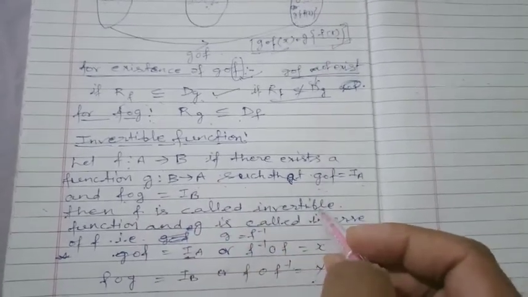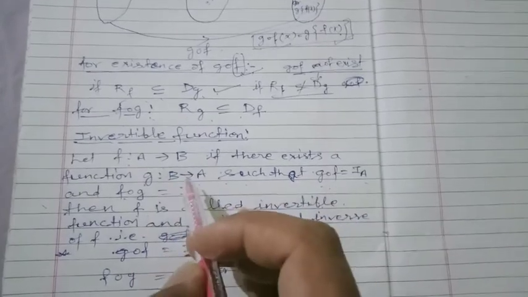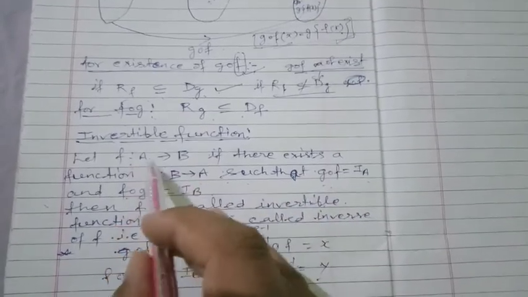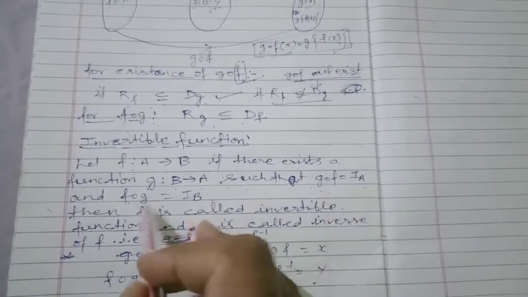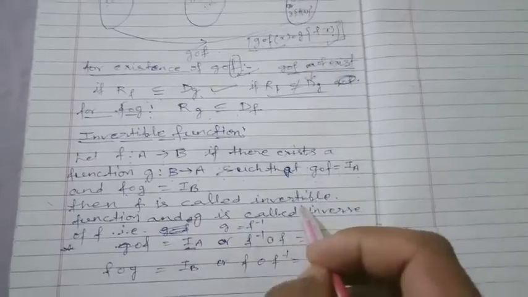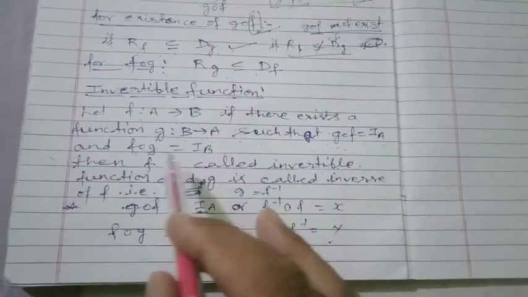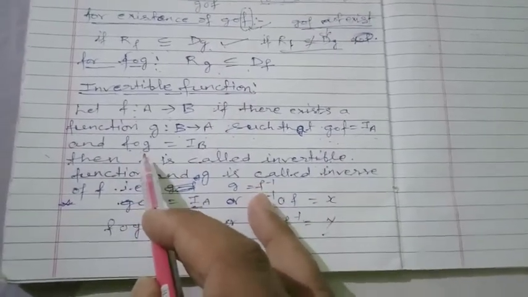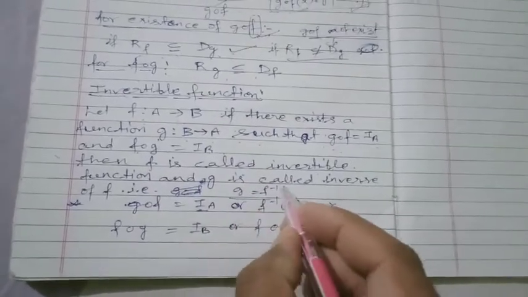If we get these two conditions in any question, like f is defined from A to B and g is defined from B to A, and gof is equal to identity function and fog is equal to identity function, then we can say that f is called an invertible function. Now if f is invertible, then g is the inverse function of f. So we can write g as f inverse.